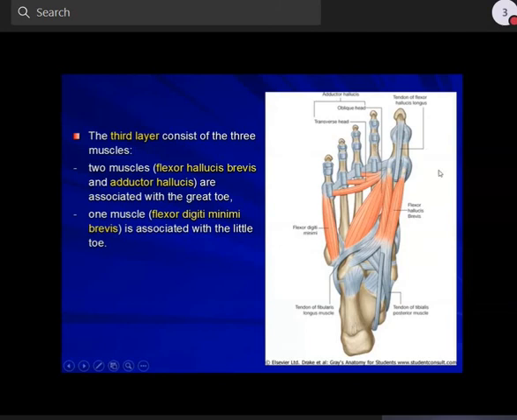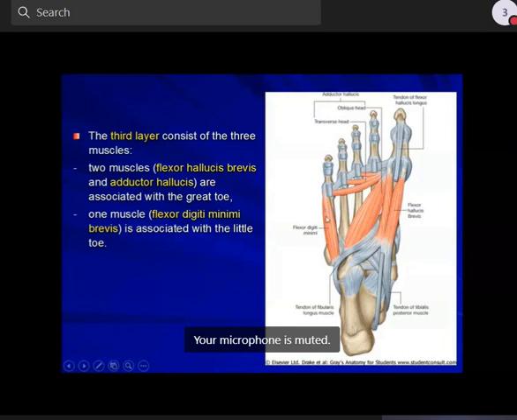Layer 3 consists of 3 muscles, and so this is flexor hallucis brevis with 2 heads, medial and lateral.